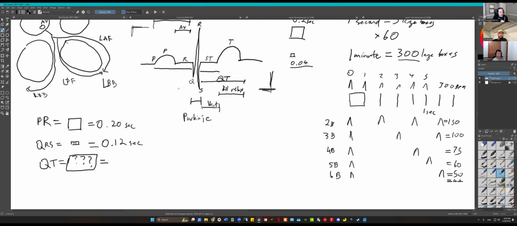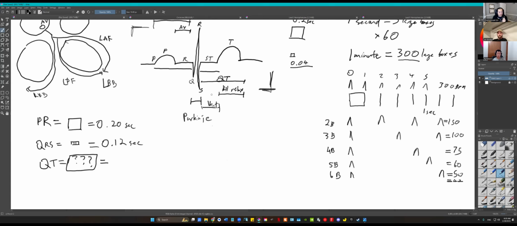But the majority of when you're going to save time to get more heartbeats per minute is by crunching down on the QT. When you have someone with tachycardia, SVT, their QRSs are just as long as normal. But the gap in between, the rest period, is when the heart starts cheating. It'll start narrowing the QT.